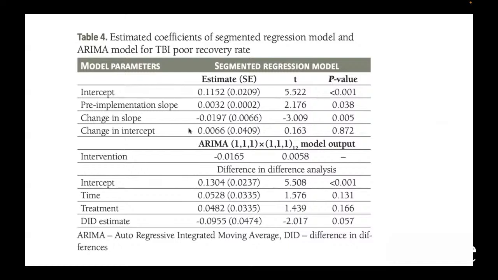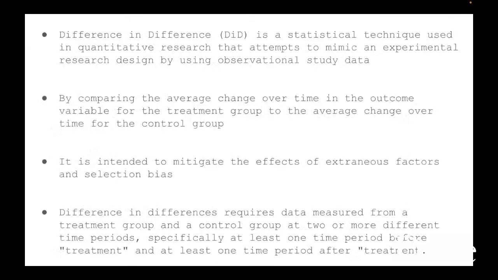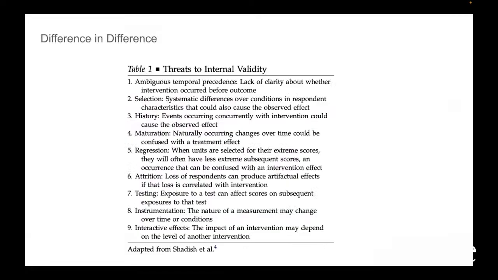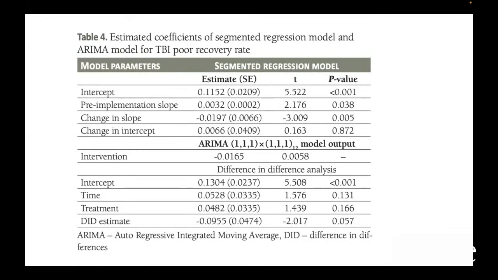As you can see, there is a change in slope, and this difference corresponds to this graph here. There is a negative change in slope after intervention, so it's true, that is also depicted in the graph. And also you can see the DID estimate.